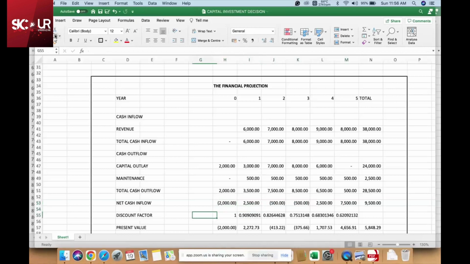Now we will calculate the discount factor. The discount factor for year 0 is 1. We don't have to calculate, just put 1.